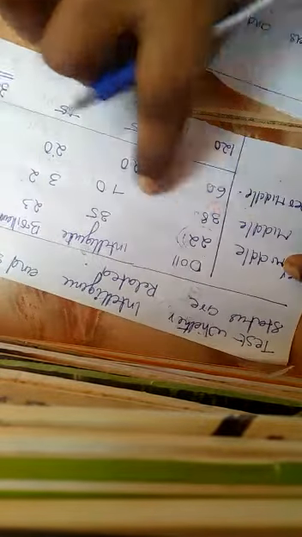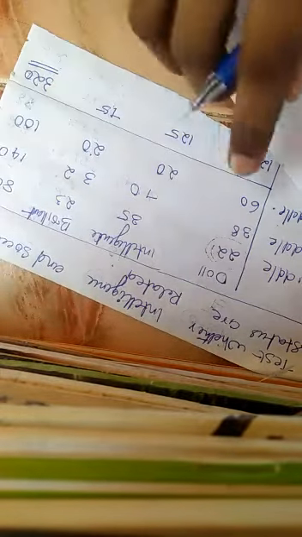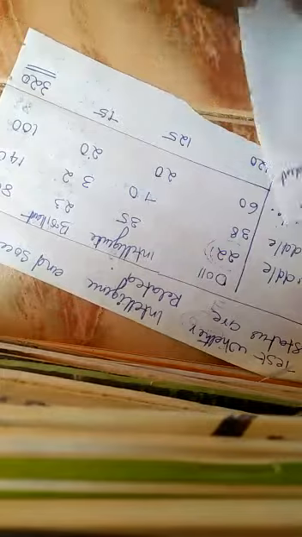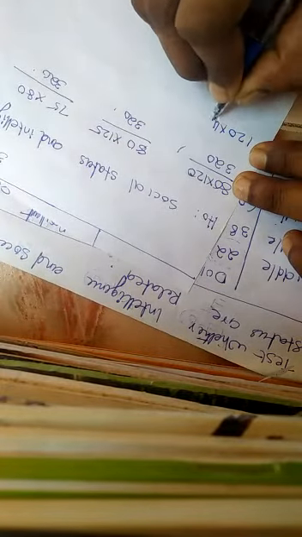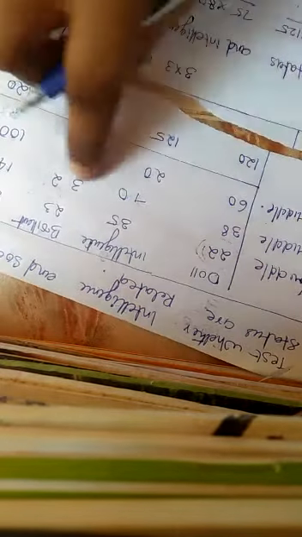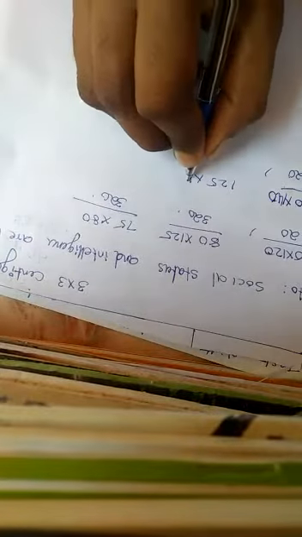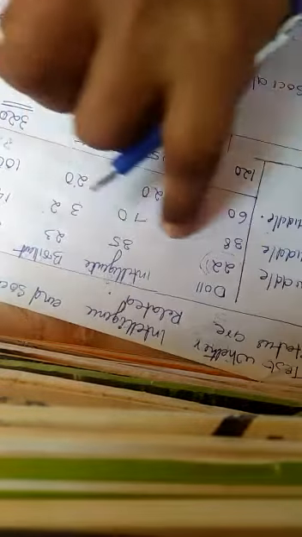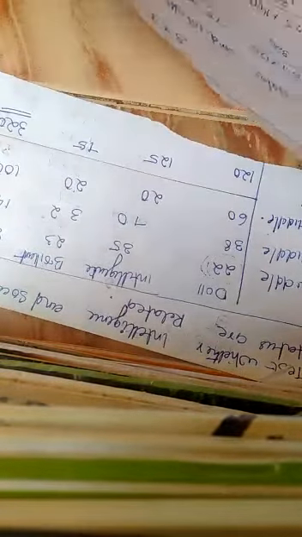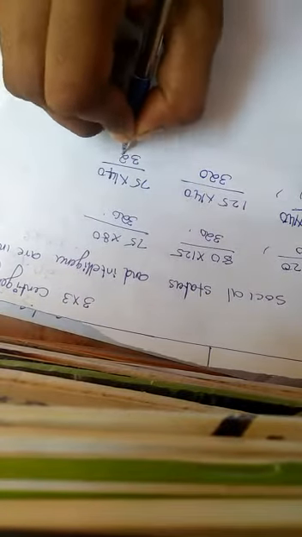Next, similarly, second row and first column. Second row adds to 140 and first column adds to 120, so 120 into 140 divided by 320. Next is second row and second column: 125 into 140 divided by 320. Next is second row, third column: 75 into 140 divided by 320.